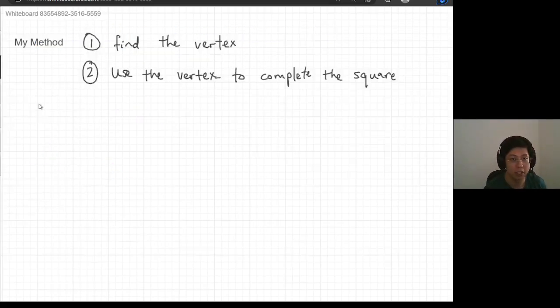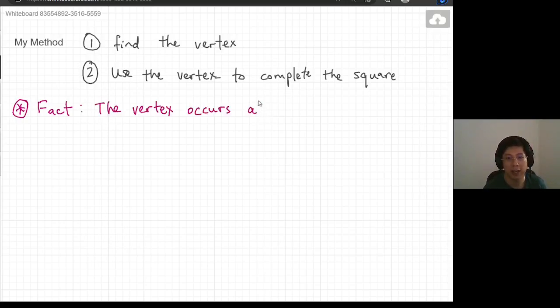To find the vertex, we're going to rely on this key fact, that the vertex always occurs at a specific value of x. And that value of x is x equals negative b over 2a, where this b and a are from the general form ax squared plus bx plus c.